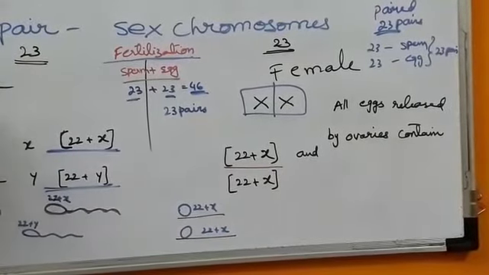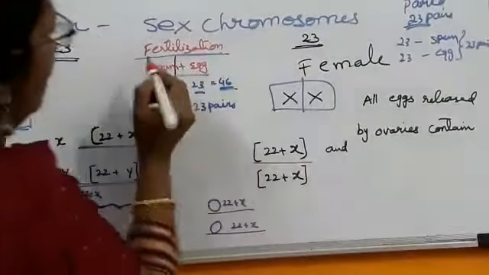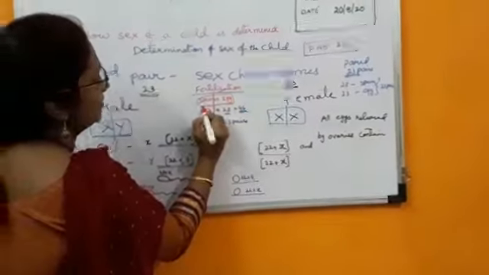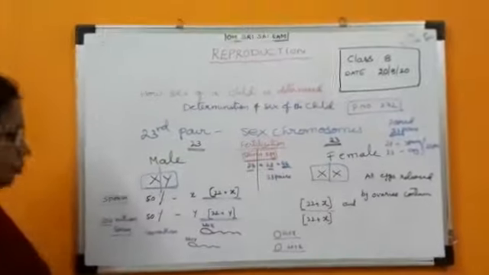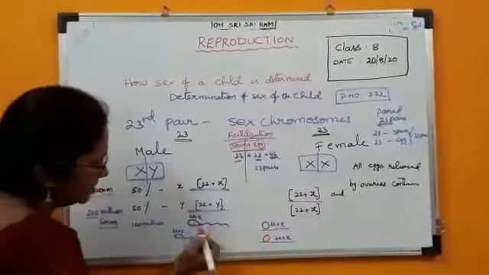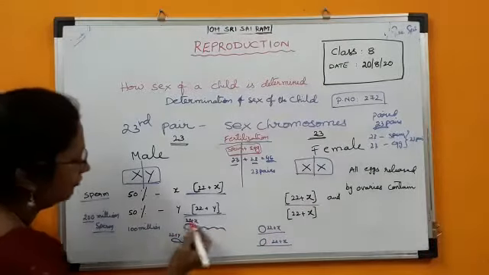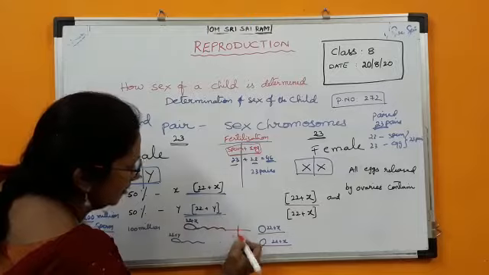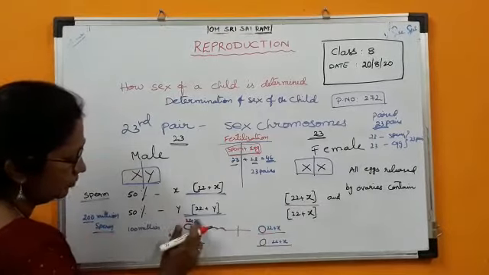Now, what will happen during fertilization? Fertilization is the fusion of sperm and egg, as we discussed. Two conditions are there. We have two sperm and the egg. Suppose this 22 plus X sperm and the 22 plus X egg fuse.